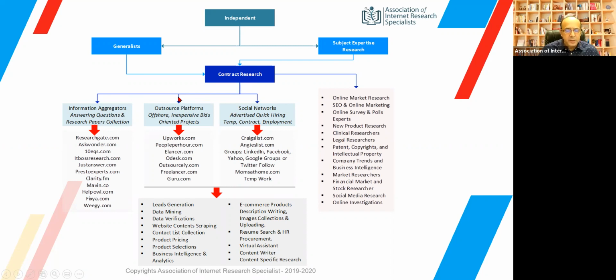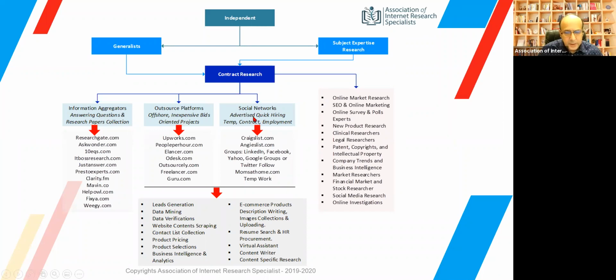Again, I emphasize that a generalist also has to be capable enough to give some assurance to the client that you have the ability to perform certain types of research. And these are differentiated into 3 blocks as a generalist.